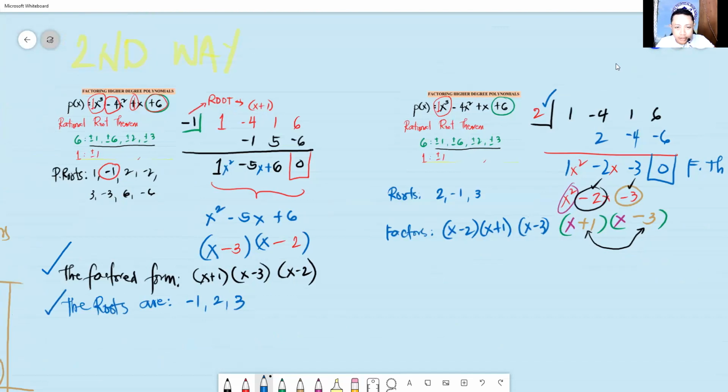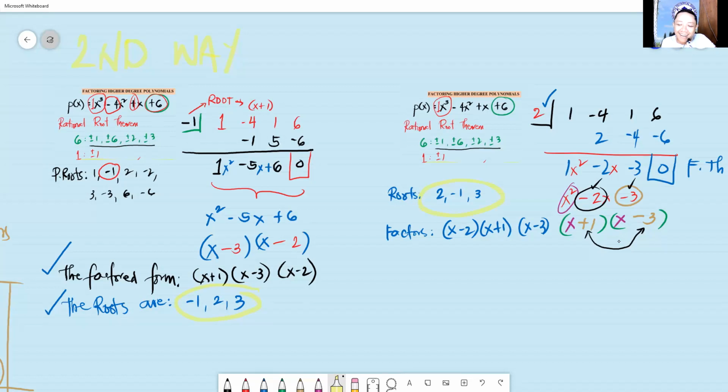If you will notice this, these are -1, 2, 3. These are 2, -1, 3. Are they the same or not? Show a reaction, please. They are not. Oh no, they are not the same.